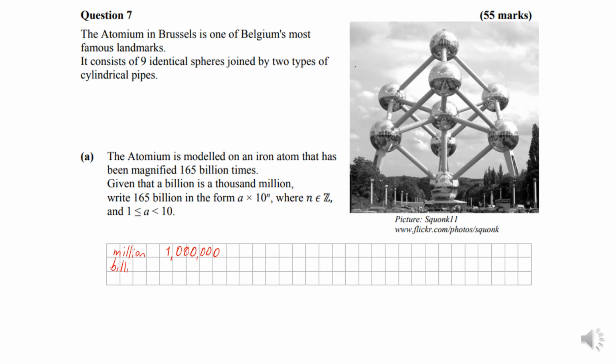A billion is 1,000 of those, so we would have to add another 3 zeros. So we have 9 zeros. And we have 165 billion, so we'll have 165 and 9 zeros.